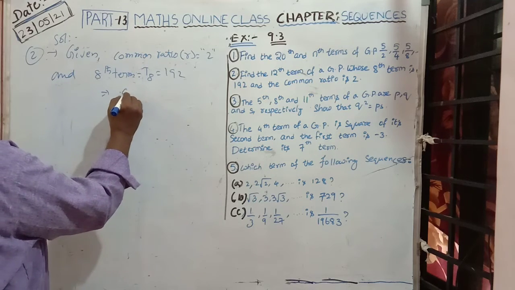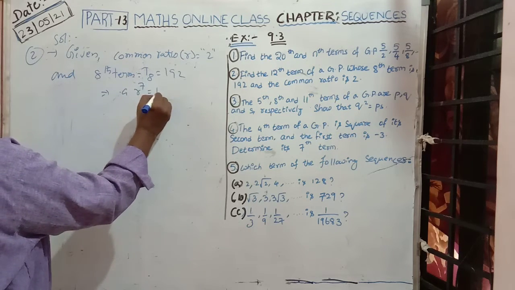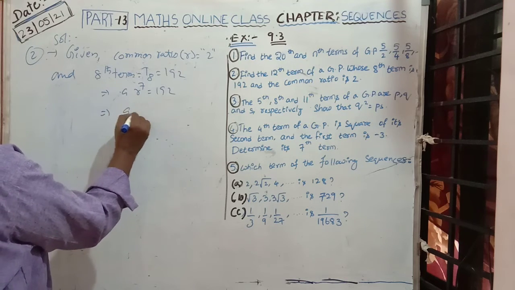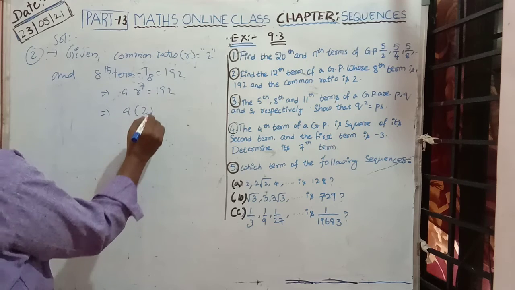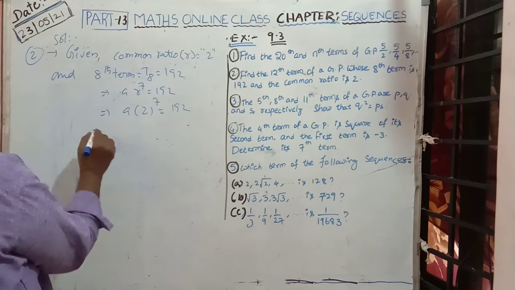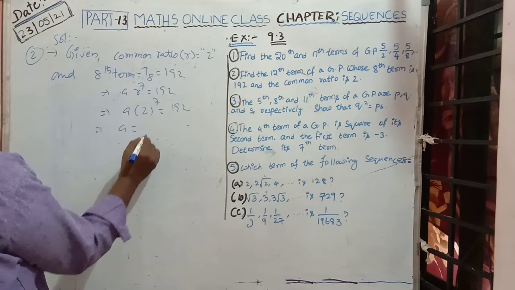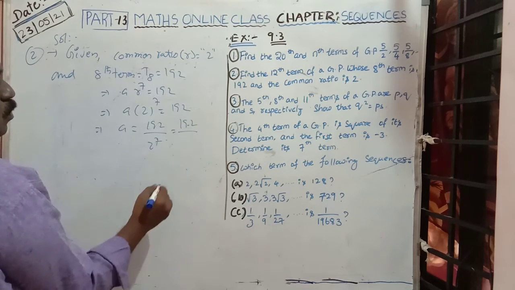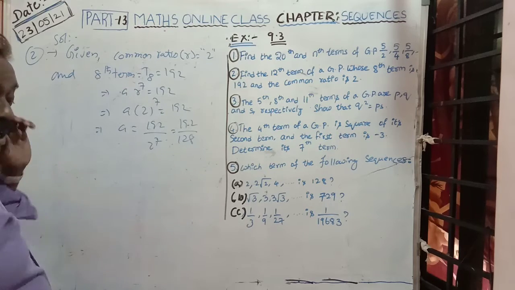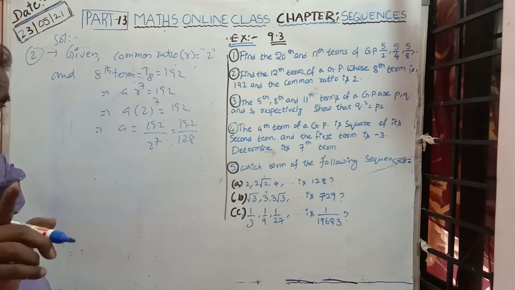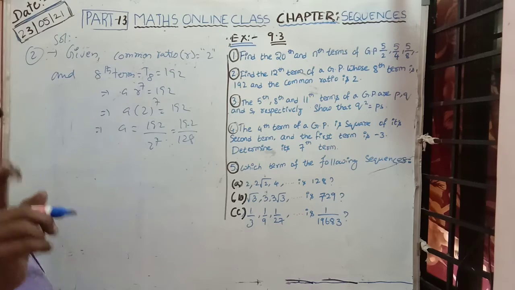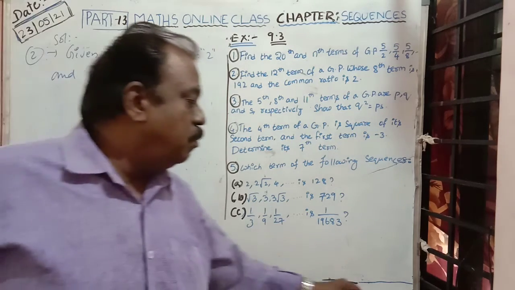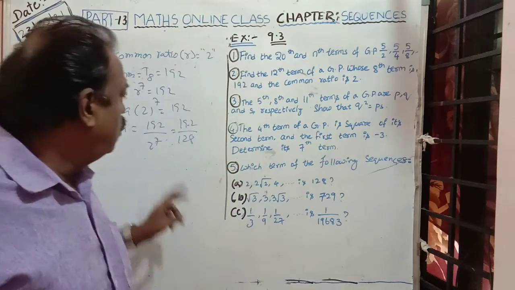That means T8 is A R power 7 equal to 192. A we don't know, but R is 2, the common ratio. So A into 2 power 7 is equal to 192. A is equal to 192 by 2 power 7. 2 power 5 is 32, 2 power 6 is 64, 2 power 7 is 128.